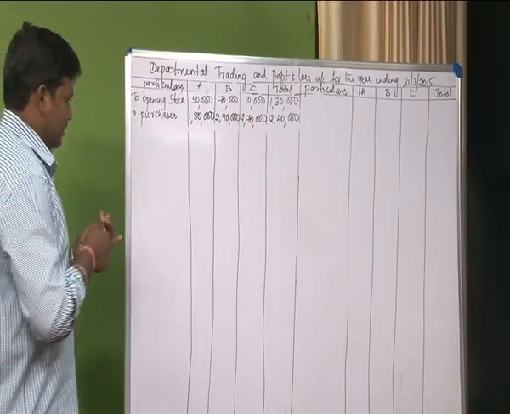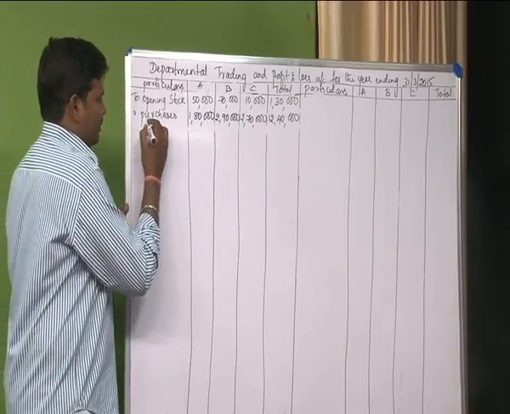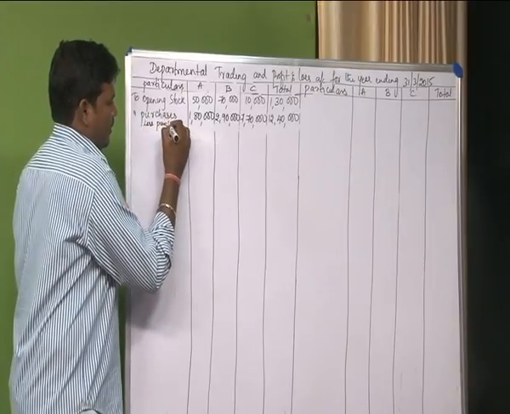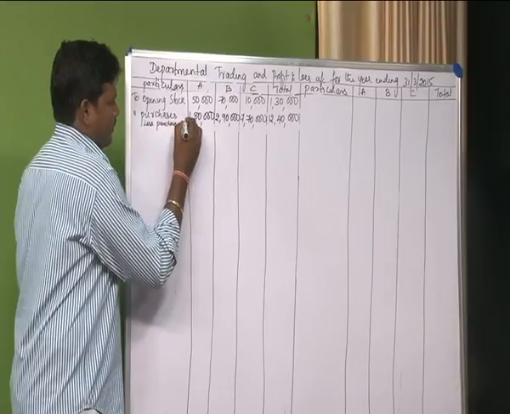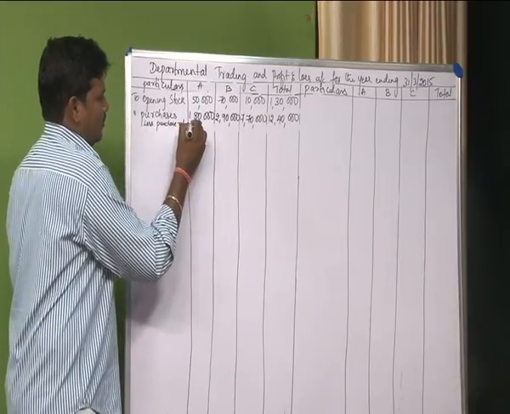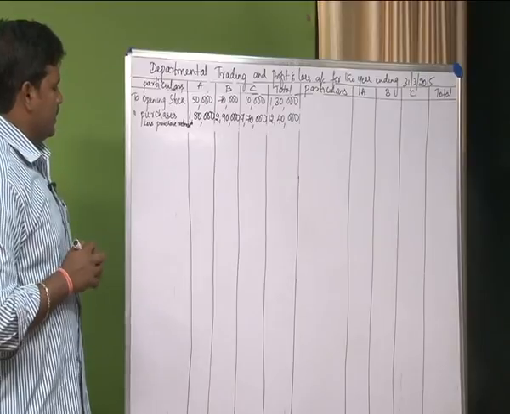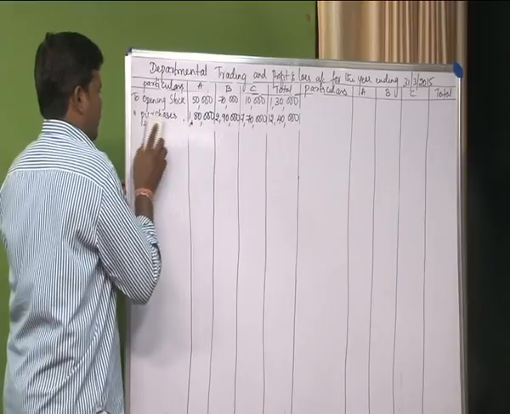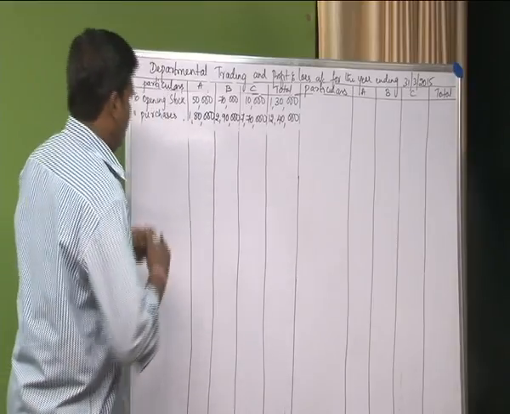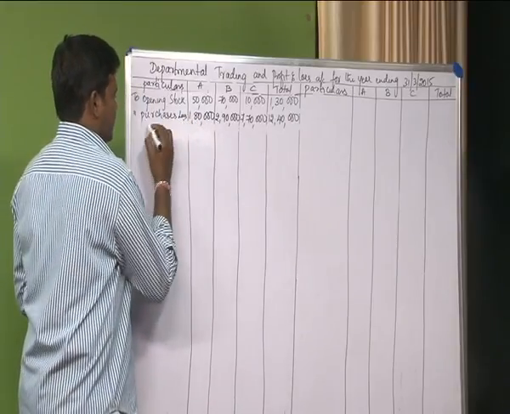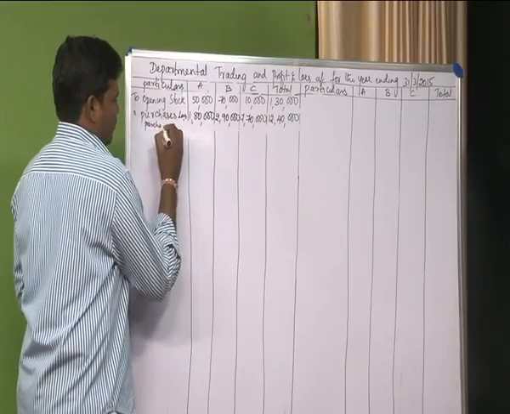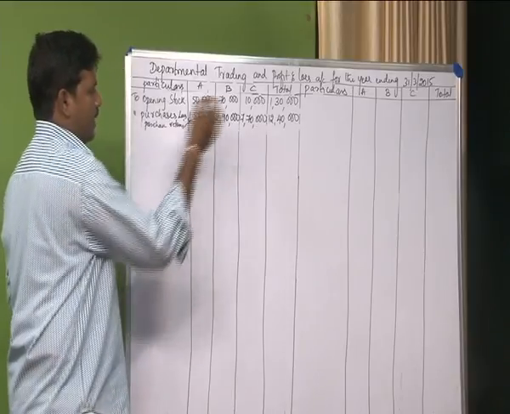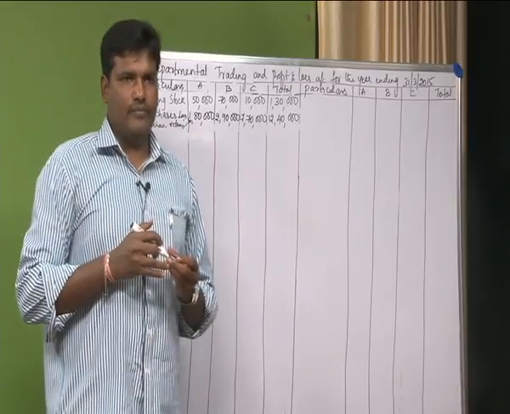The concept is this: purchases less purchase returns is 1,80,000, 2,90,000 and 1,70,000.